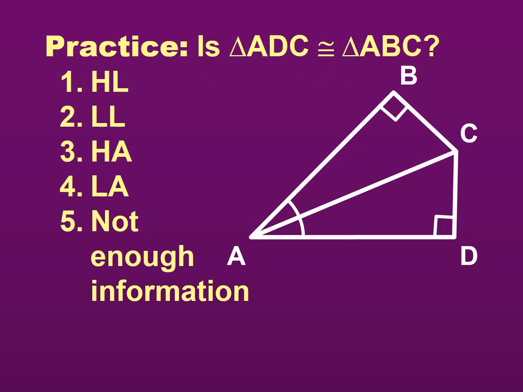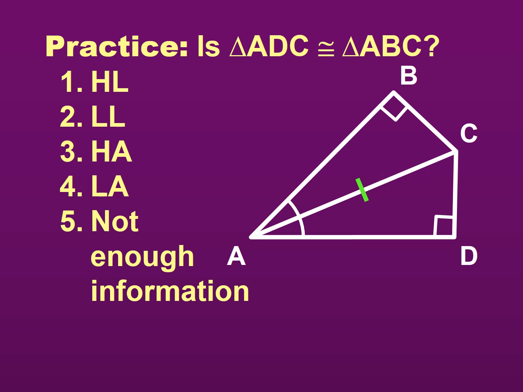Is triangle ADC, so we're going here, here, here, is it congruent to ABC? So we know that AC reflects across itself. So because of that, that means that we have an angle, and then we have a side.